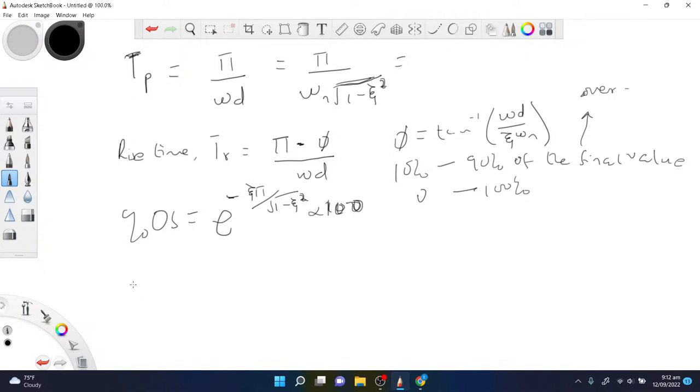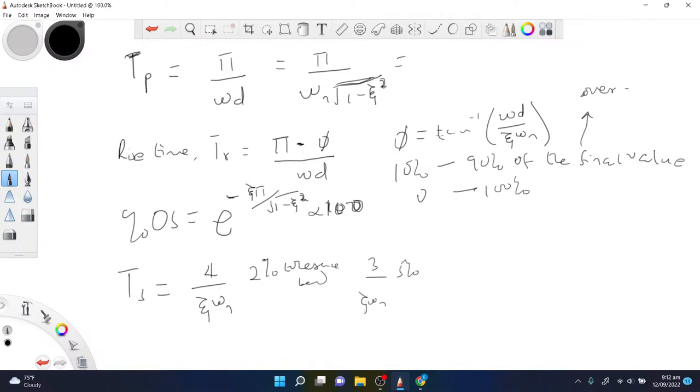That's percentage overshoot. Alright, then finally we have settling time, Ts, given as 4 over zeta omega n for a 2% tolerance band, and then 3 over zeta omega n for 5%.